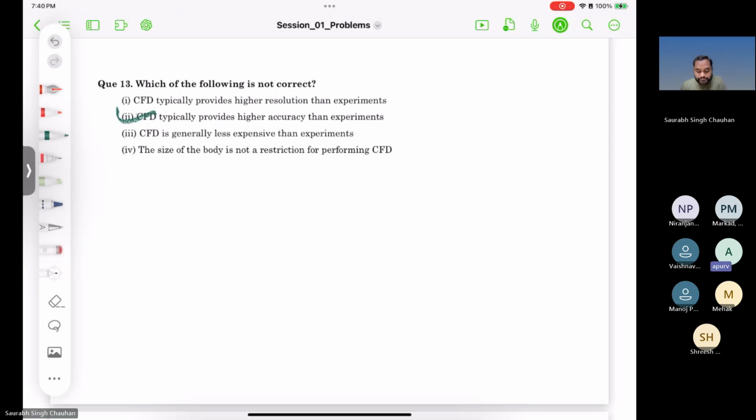So you chose the second option, CFD provides higher accuracy than experiments. That is the generally correct option. Oh, sorry. We have to find which is not correct.